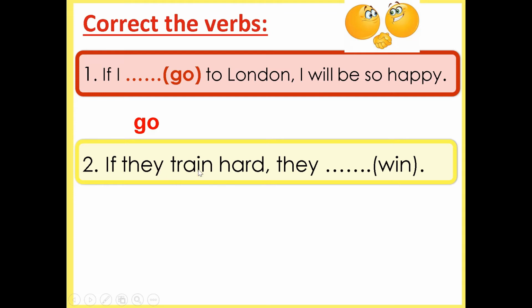If they train hard, they will win or won't win. According to the first sentence, they will win. I choose will because it is suitable for the meaning. If they train hard, they will win the match, for example.